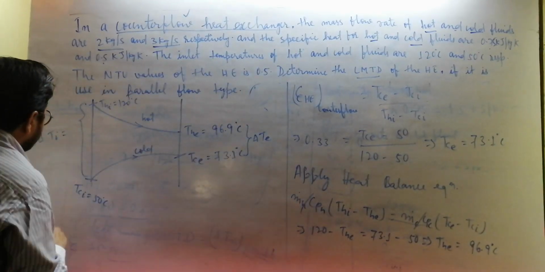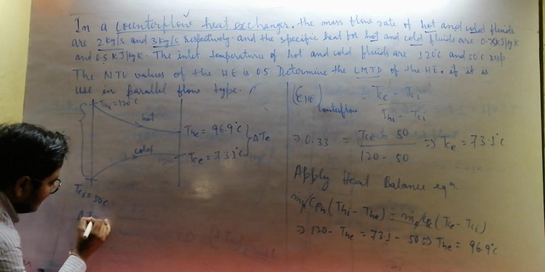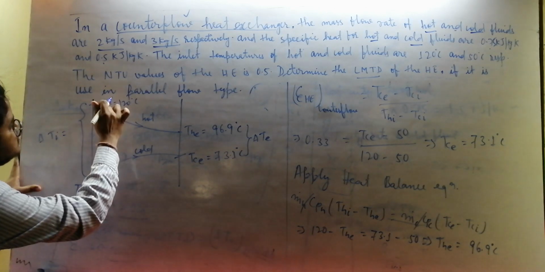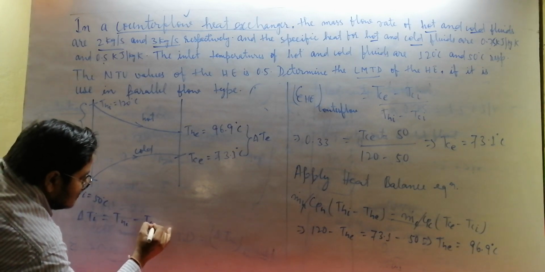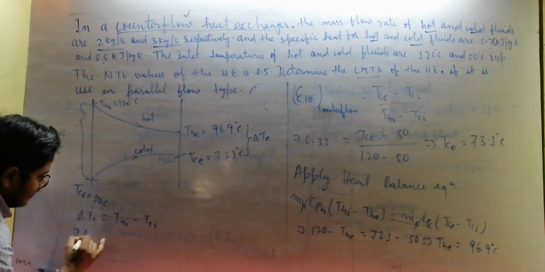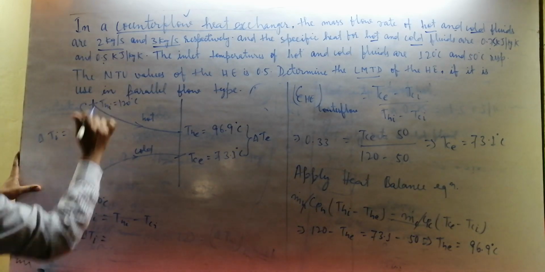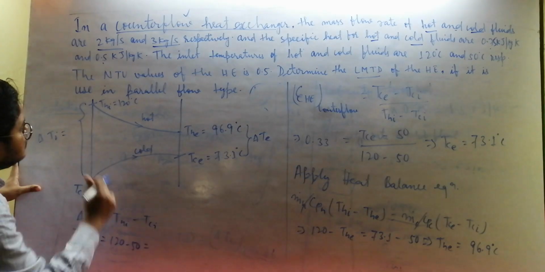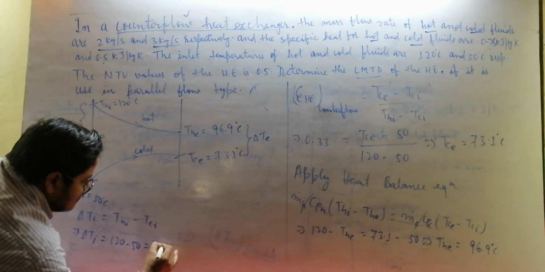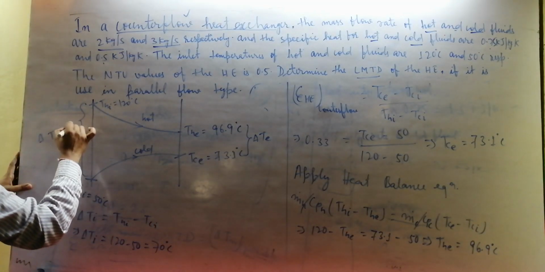So I am calculating first of all del Ti. Del Ti equal to Thi minus Tci, that is 120 minus 50 equal to 70. This value.